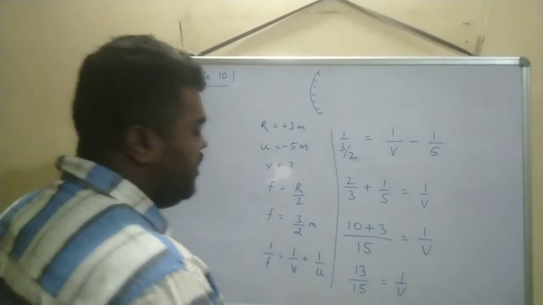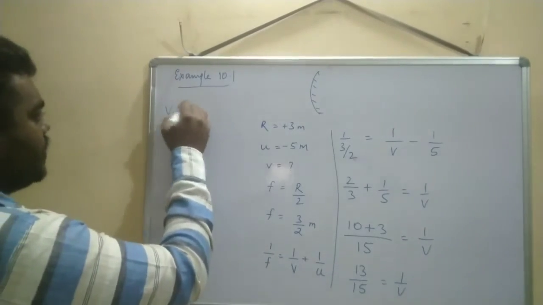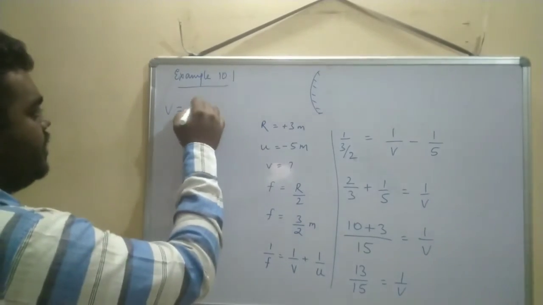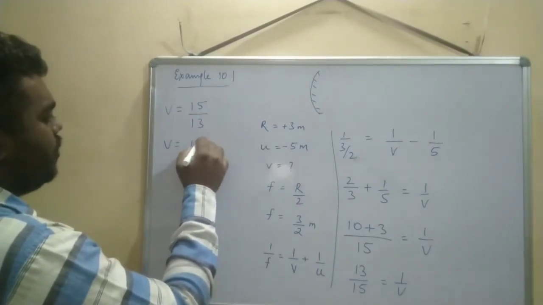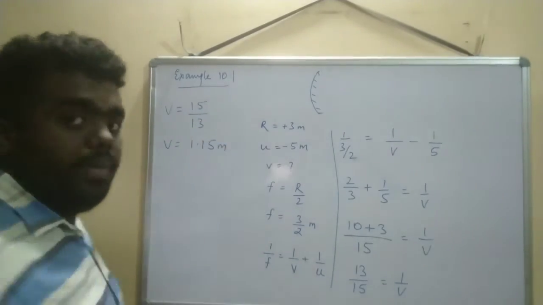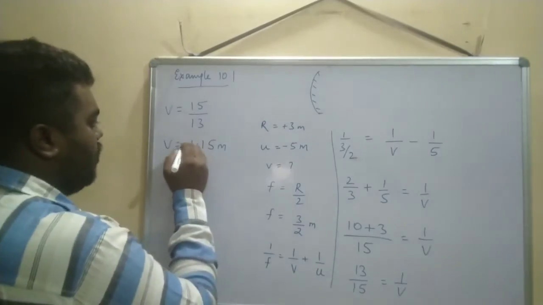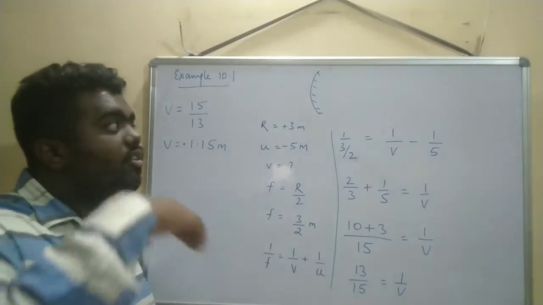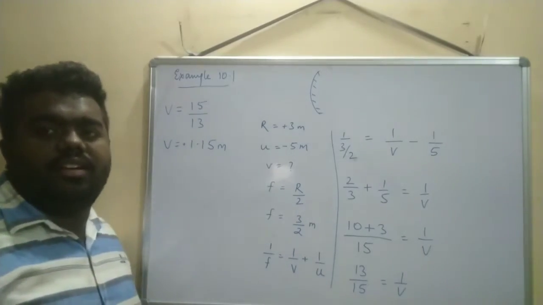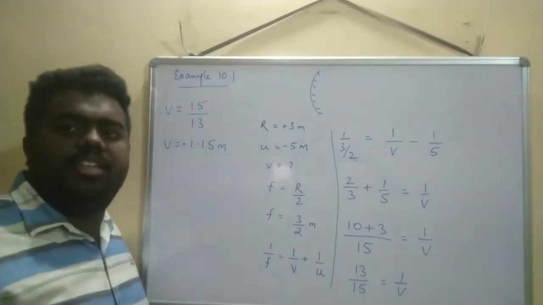But we need value of v, so v is equals to how much? इसका reciprocal हो जाएगा 15 upon 13. On division we will get 1.15 meter. This is positive. That means image is formed on the right side or behind the mirror.